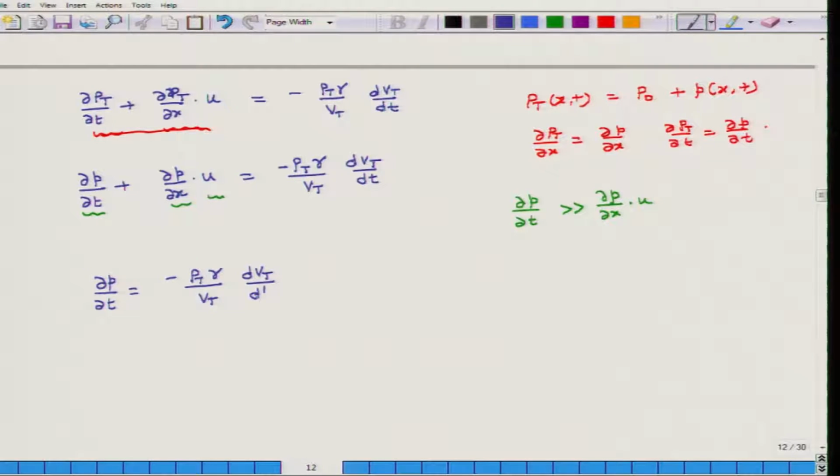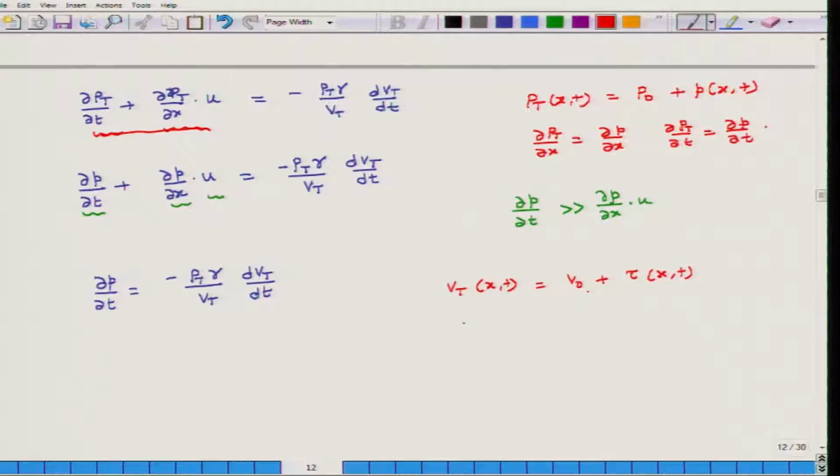dVt over dt. Finally, we say that volume, which is the total volume, which can change with respect to x and t, is equal to initial volume of the fluid element plus change in volume, which is tau.